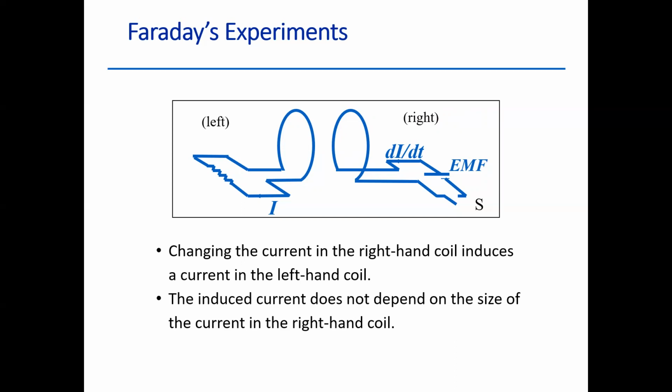So whether you have a bigger current or a smaller one, the induced current will not depend on that. The induced current depends on dI/dt, which is the change of the current with time.